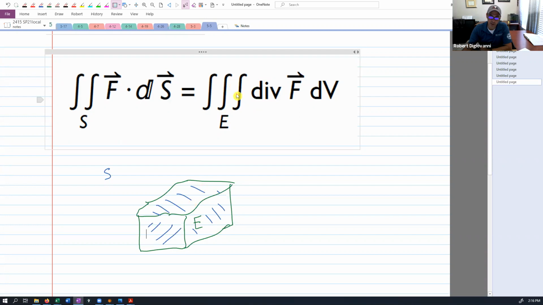This triple integral is going to basically take a sum at every point inside the solid, but not of the field, it's going to be of the div of it.